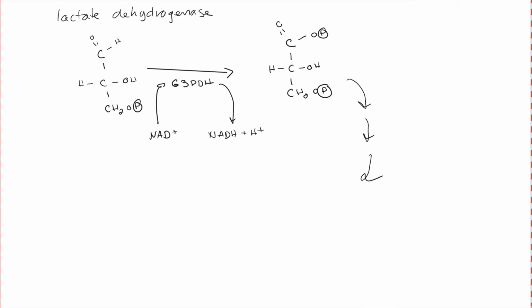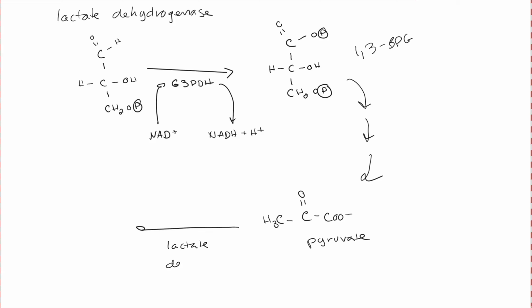Now, let me make a little bit of room here, a few steps, we end up with pyruvate. Oh, sorry, this is 1,3-BPG. And under anaerobic conditions, instead of entering the TCA cycle and undergoing oxidative metabolism, pyruvate gets acted on by lactate dehydrogenase, producing lactate.